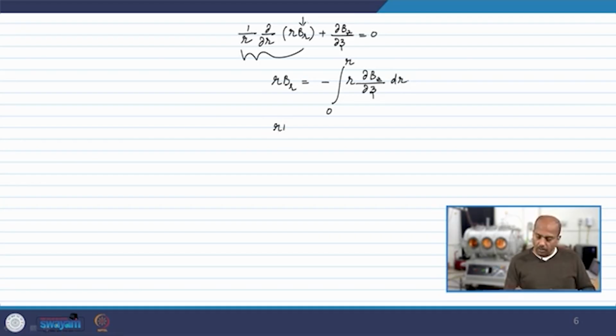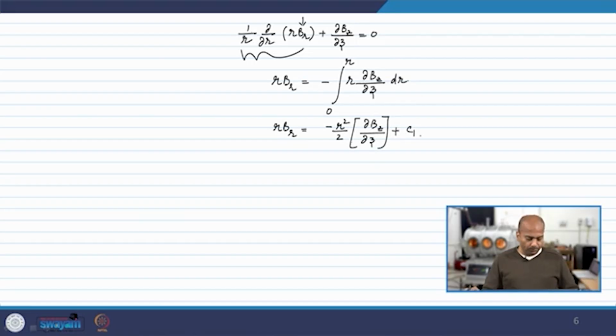The integral of r becomes r square by 2, which is minus r square by 2 times ∂Bz/∂z plus a constant of integration, right.